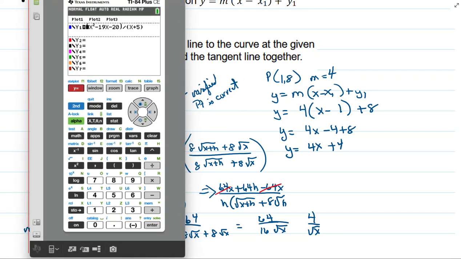I'm going to clear everything, and enter my original function, which was 8 square root of x. Is that correct? And for the second entry, I'm going to enter 4x plus 4. I'm going to hit zoom 6.